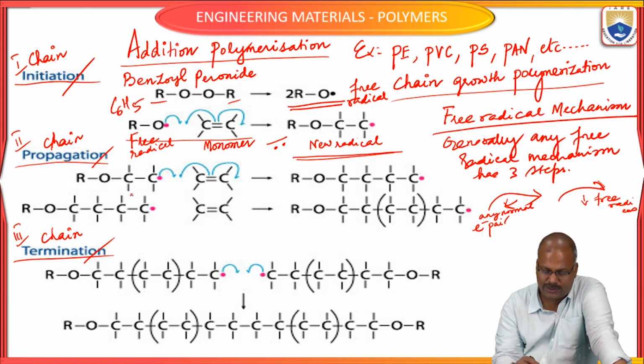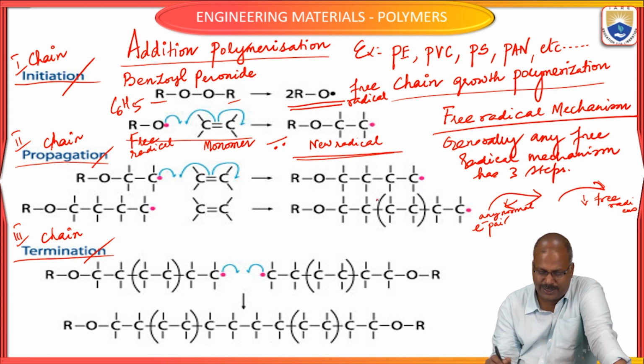Now this new radical reacts with another monomer and forms another new radical, and this new radical reacts with another monomer to form another. See, one here, two here, three.